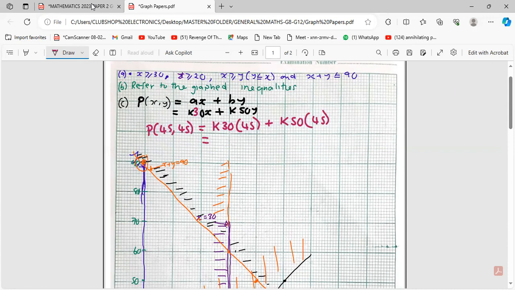Now, what do you get? Okay, so you can multiply. You can even use your calculator because it's allowed in paper too. So 18 by 45 plus 15 by 45.